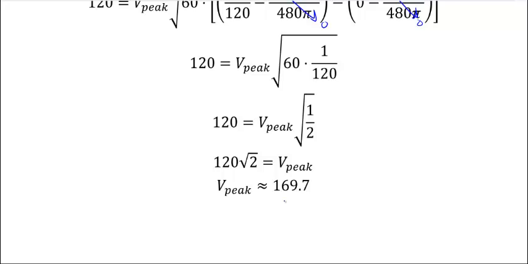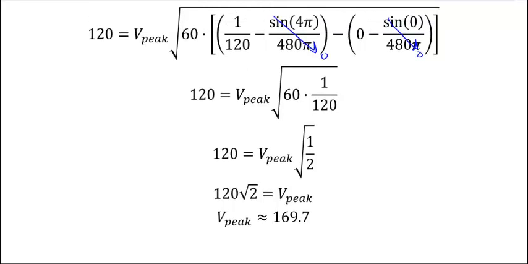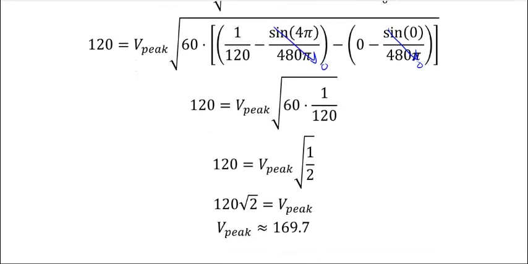The 120 volts that are talked about are basically the root mean squared. If you have a peak voltage of 169.7, you'll have a root mean squared of 120 volts. That's a place where the average value of a function is used.